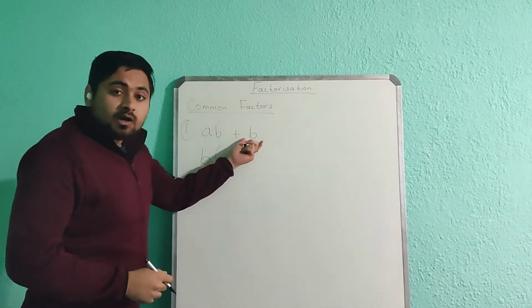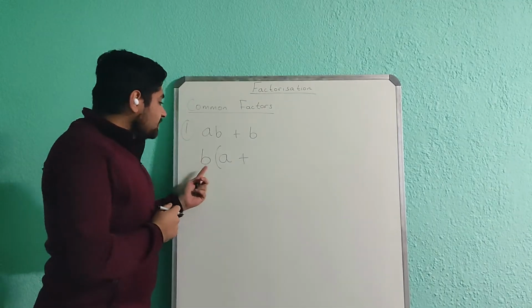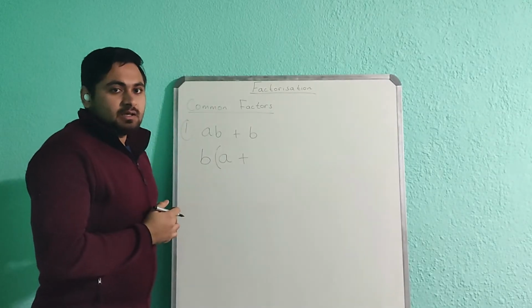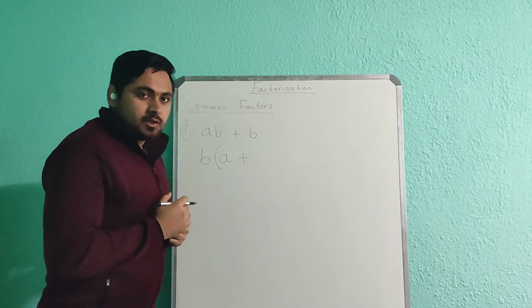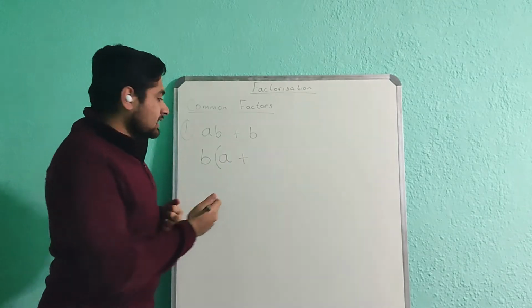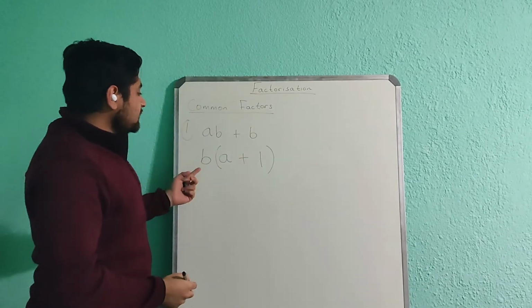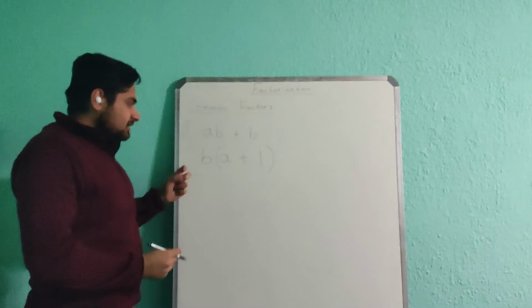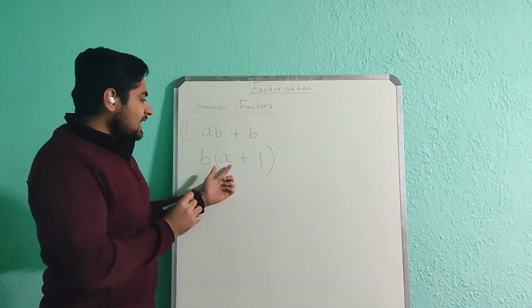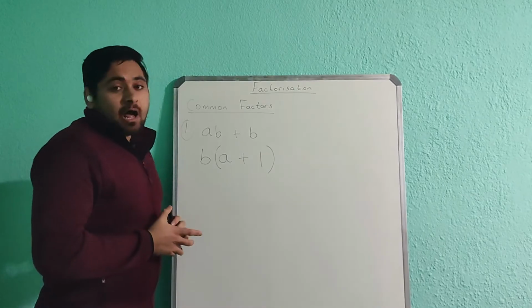Now here we only have B, but we have already pulled out B. So what do you times B with in order to get B? You times anything with 1, you always get itself, right? So B times 1 will give you B. Therefore you write a 1 here. So you get your answer as B as your common factor, then into the bracket A plus 1. So let's do more examples so you can see how this works.